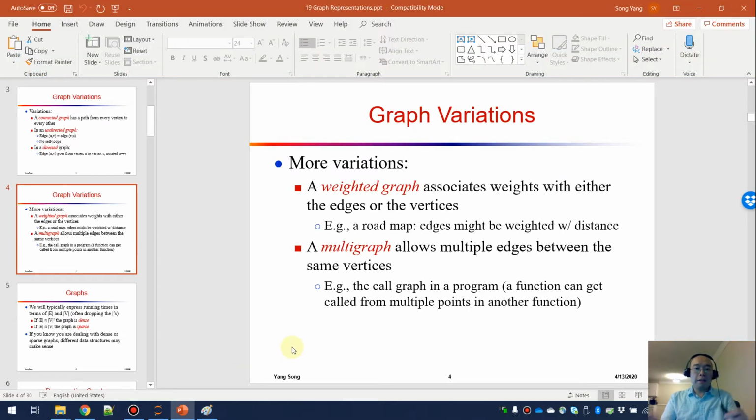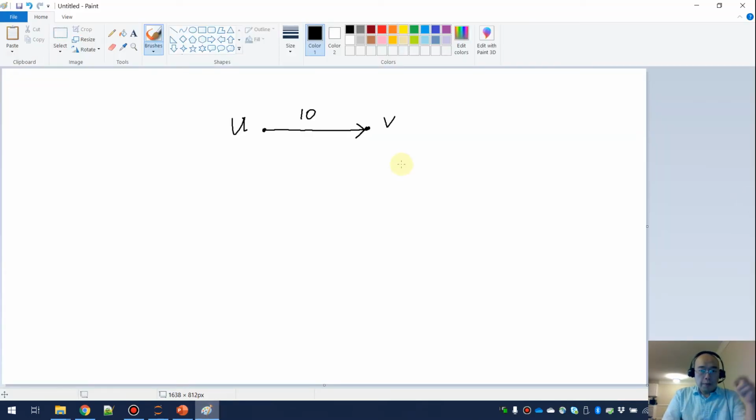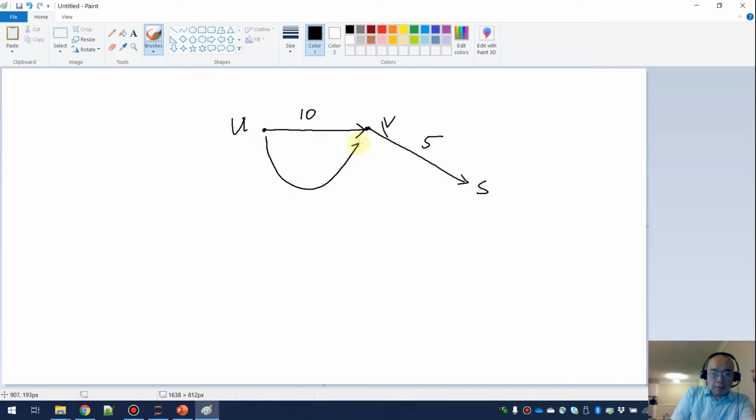Okay, and then the multigraph. For the multigraph, for each pair of the nodes, there can be multiple edges. So for example, I have U to V and then V to S, and the weight is 5. And from U to V, I have another path, and this weight is 15.